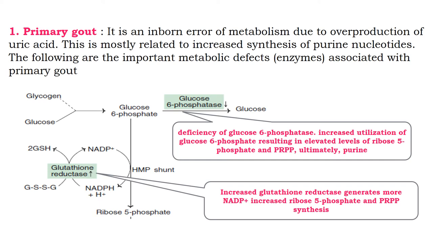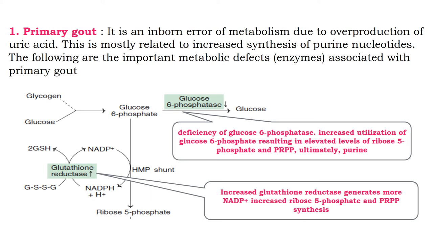Next, there is one more enzyme called glutathione reductase. So if there is an increased concentration of glutathione reductase, then this will lead to increased utilization of NADP+, then increased ribose 5-phosphate and increased synthesis of PRPP.